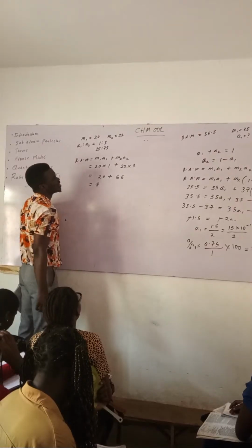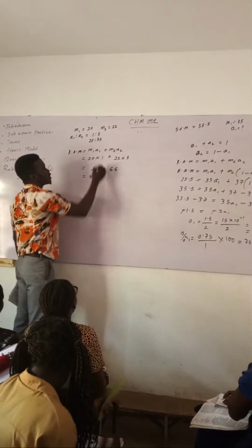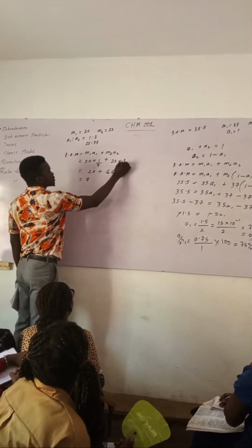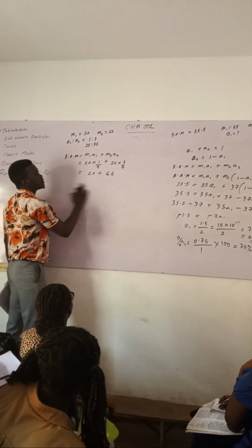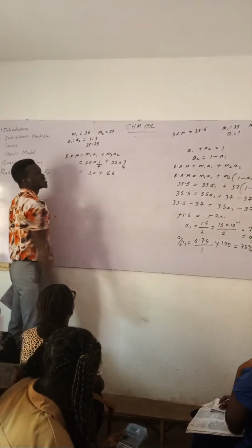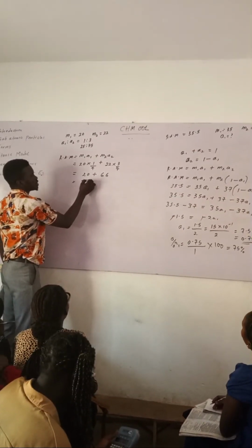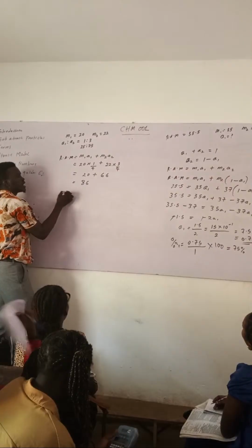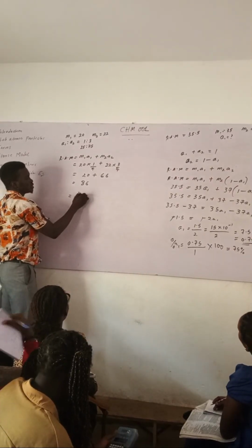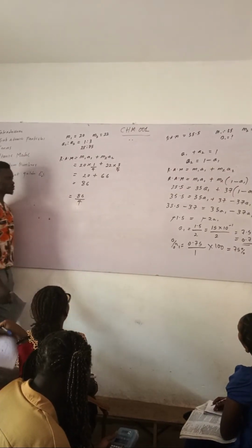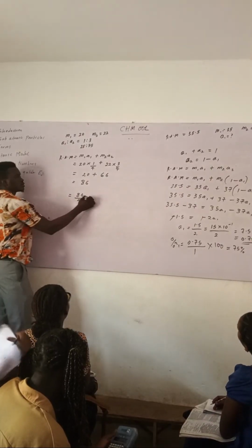The fraction is over 4, so you divide everything by 4. So that's 86 over 4.